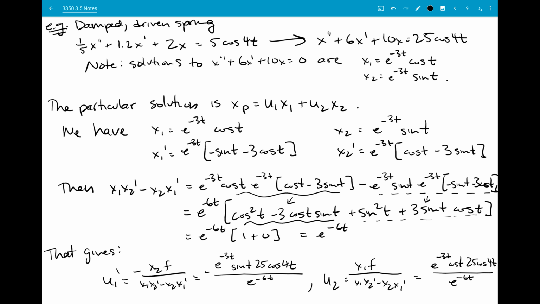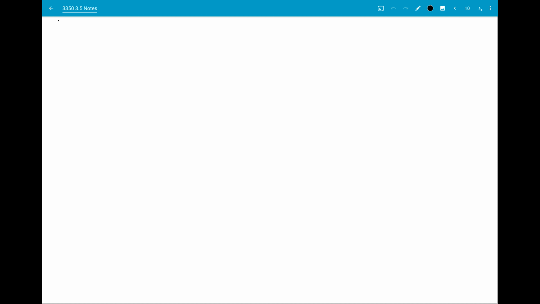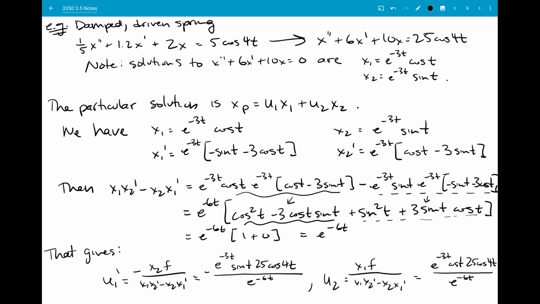And when we go ahead and simplify this, the exponents on top and bottom are going to cancel out. I've got u1 prime should be just e to the 3t, since I had minus 3 on top and minus 6 on bottom, which is the same as positive 3 in total.